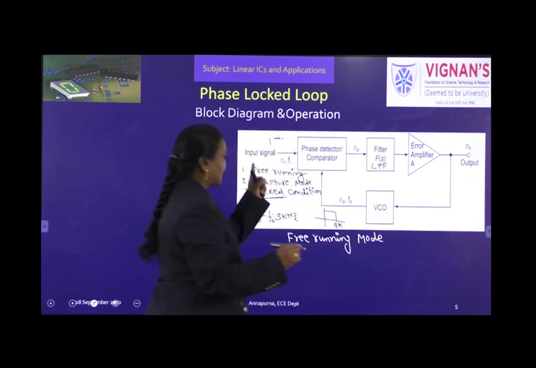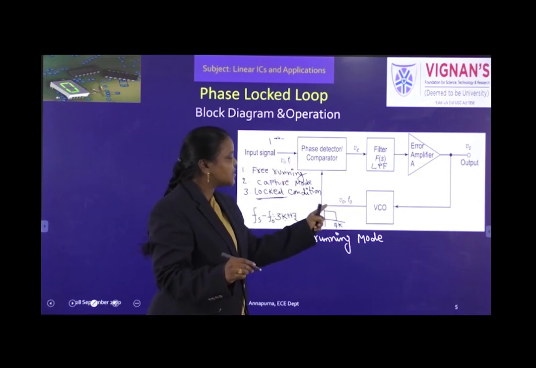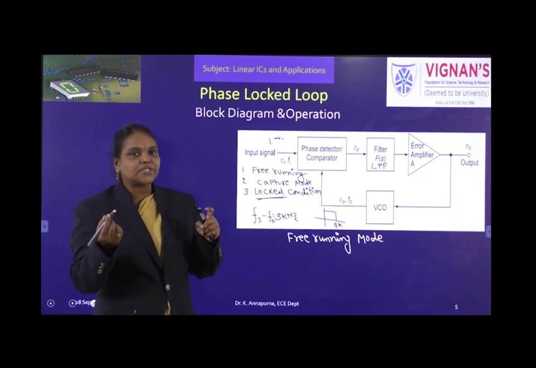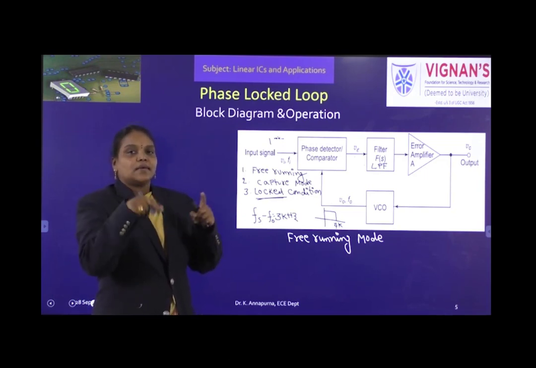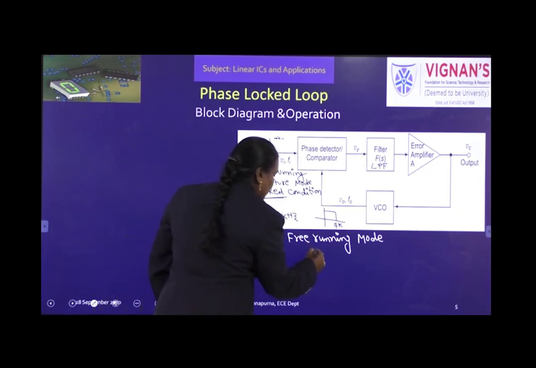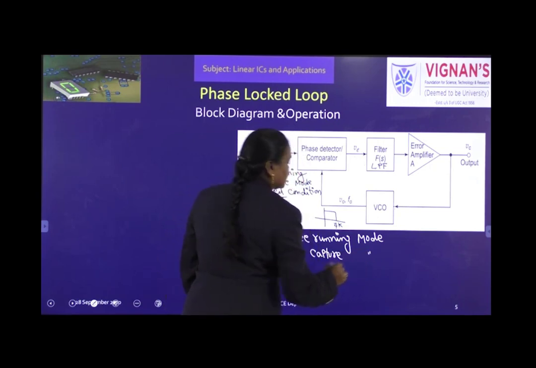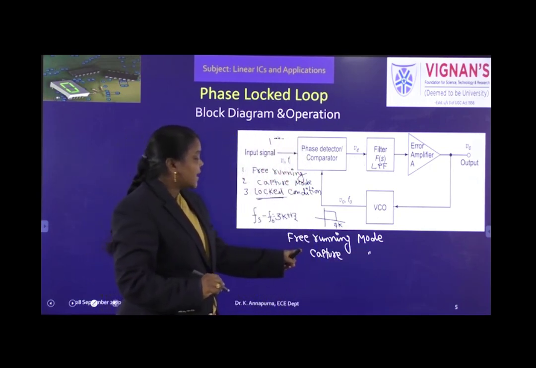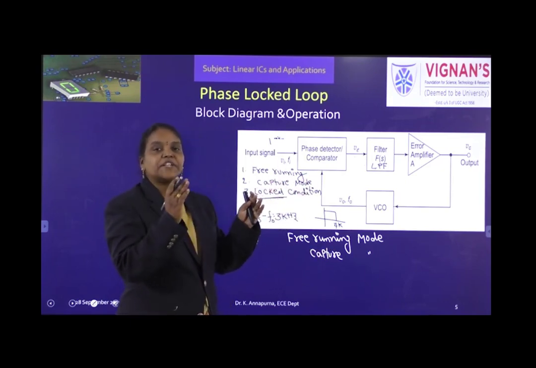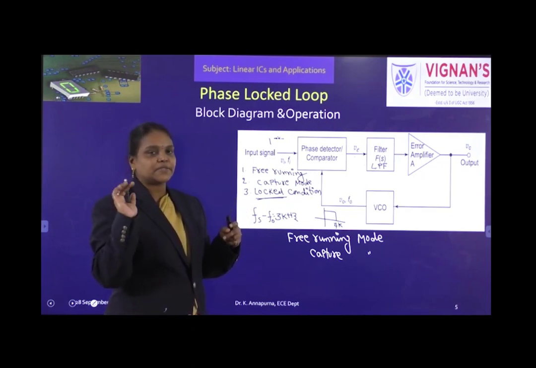Once input is applied and the frequency difference between this input signal and the VCO output signal is less than the cutoff frequency of the low pass filter, then the loop action starts. That is called capture mode. And the range, that is, up to what difference it will allow, depends on the cutoff frequency of the low pass filter.